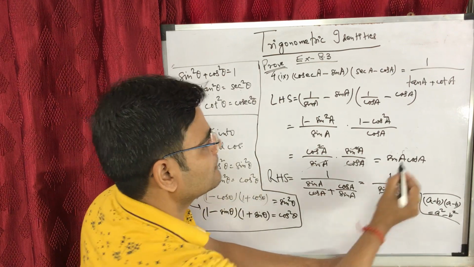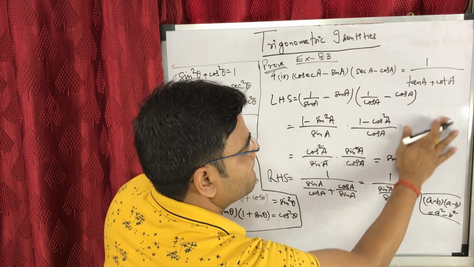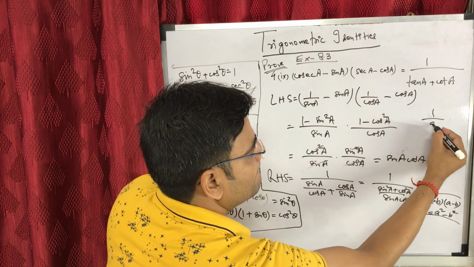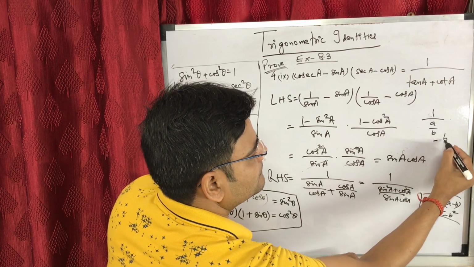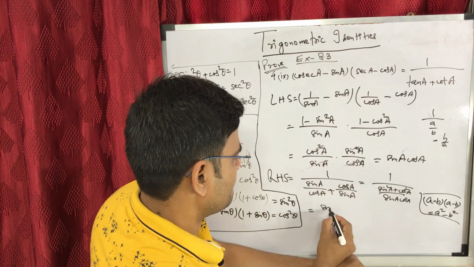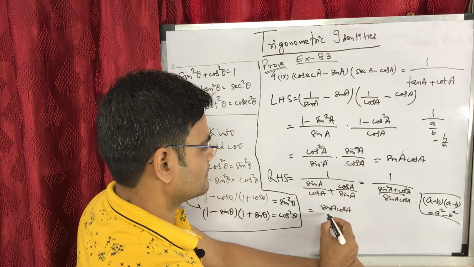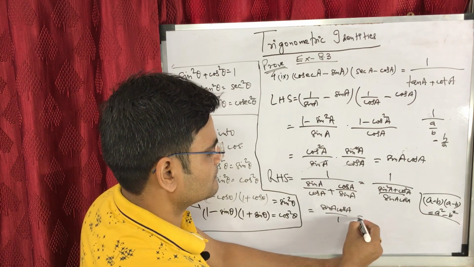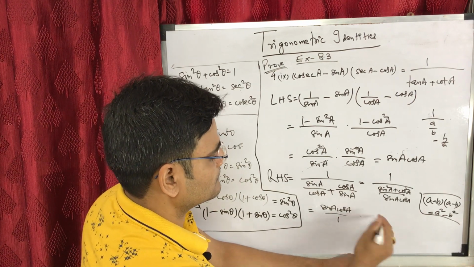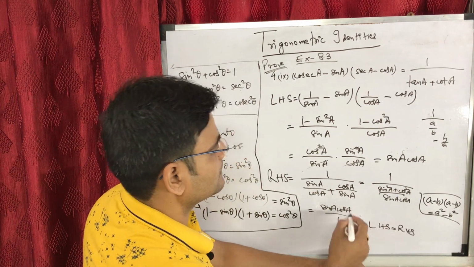So 1 by a by b becomes b by a. So this becomes sin a cos a, and 1 by sin square a plus cos square a is 1, so 1. So that is equal to LHS equal to RHS. You can write LHS equals RHS because both are equal to sin a cos a.